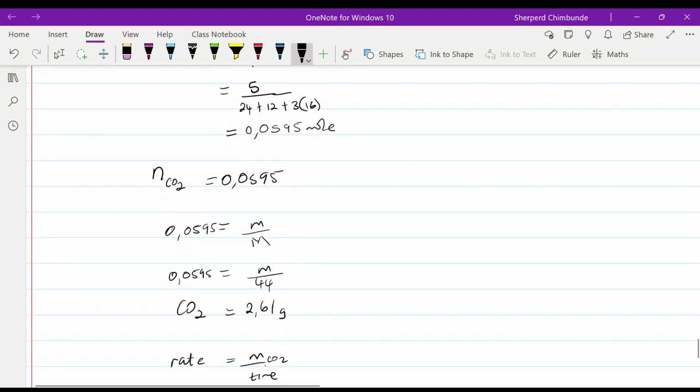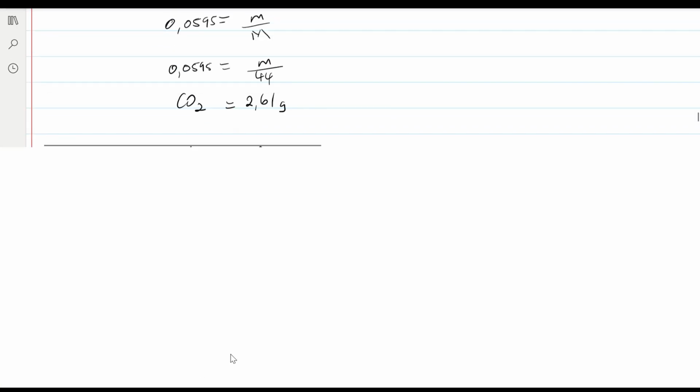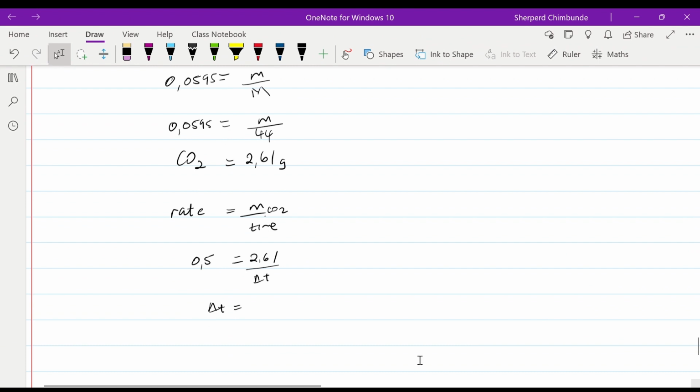So we're going to put our 0.5 per minute over the change in time. Then the change in time will become, just exchange these two, 2.61 divided by 0.5. Let me use my calculator. That 2.61 divided by 0.5 gives us a time of 5.23 minutes.